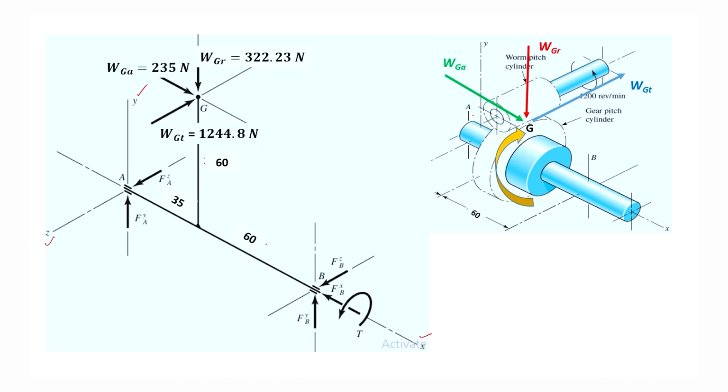This is gear, bearing A. Bearing A is shown here and bearing B, which is at this location, is shown here.